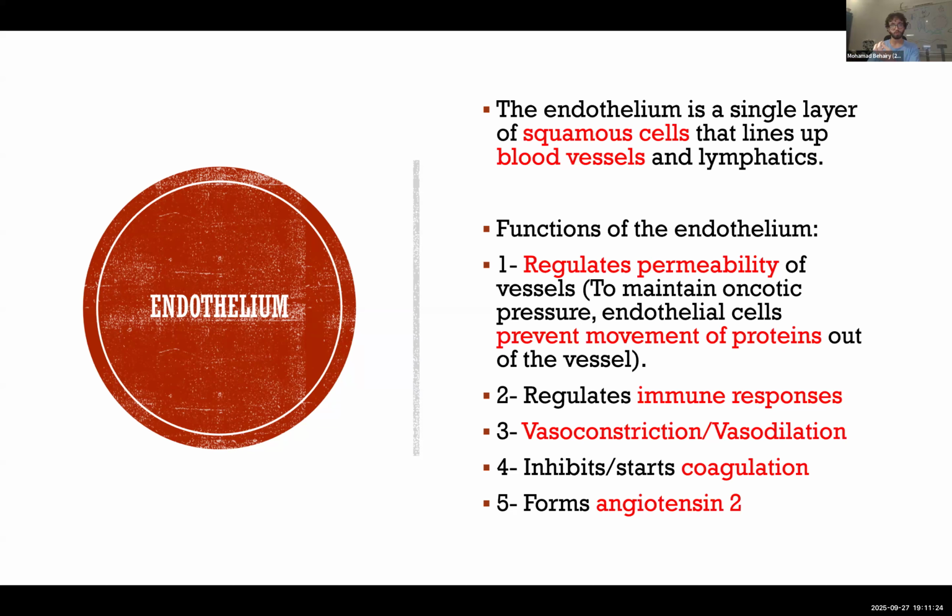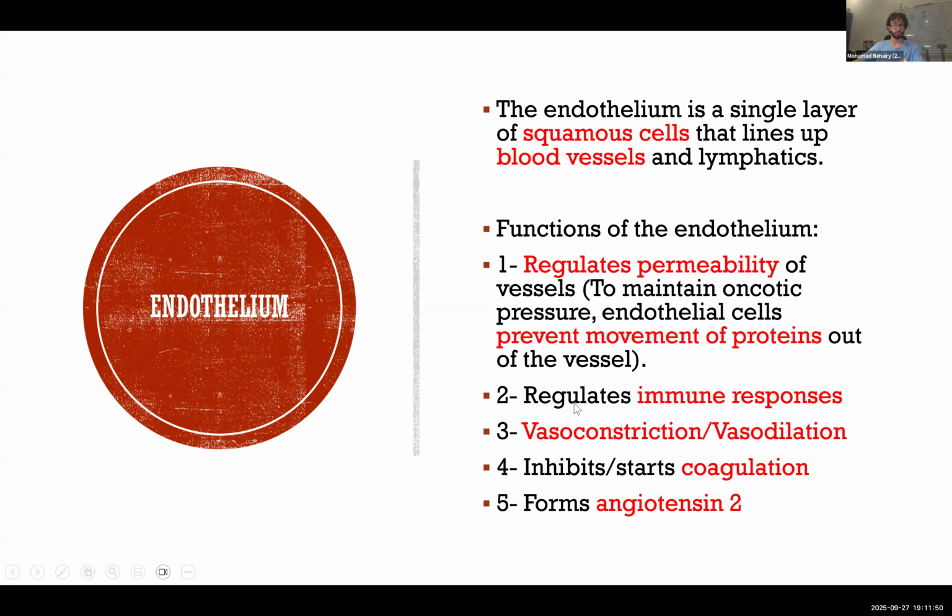That's why we want the protein to be inside the blood vessel, so that it can attract the water inside, so it can attract these ions inside. If this protein was outside, if we let it go outside, we wouldn't have all of these important substances going inside. Because again, many molecules will follow where the protein is. So that's why it is important to prevent the movement of proteins outside, to maintain the oncotic pressure.